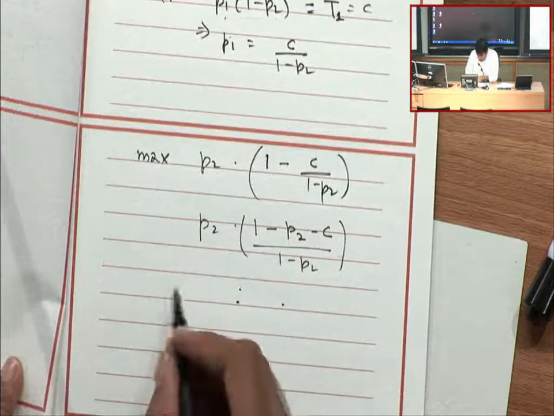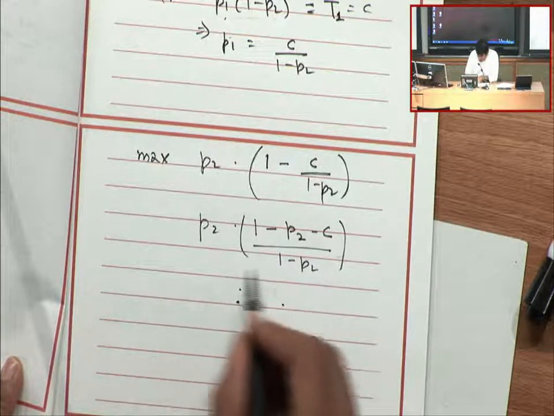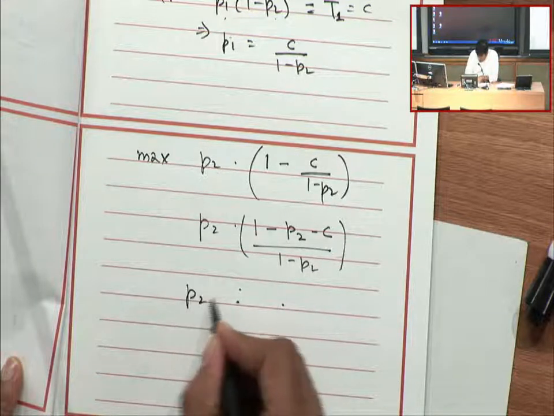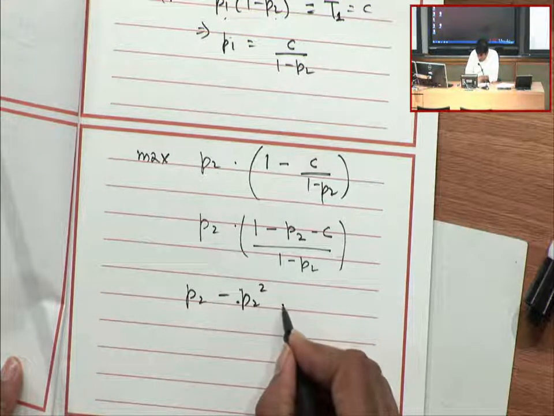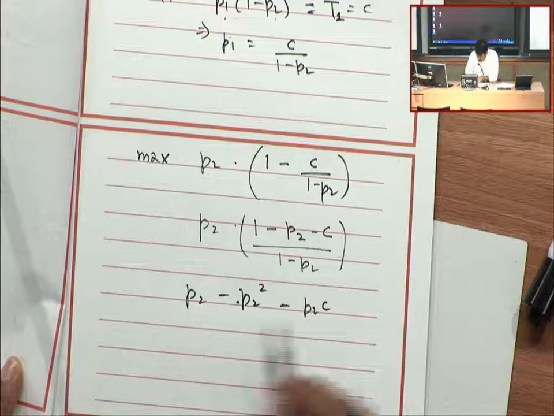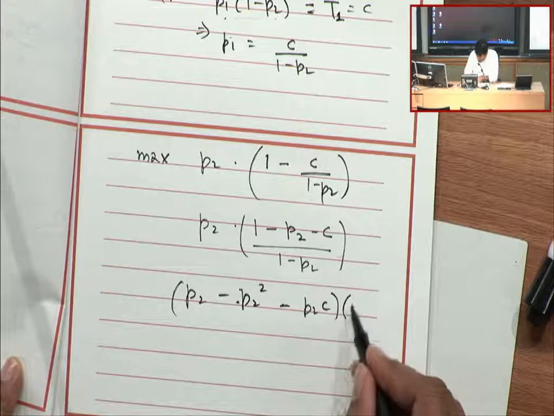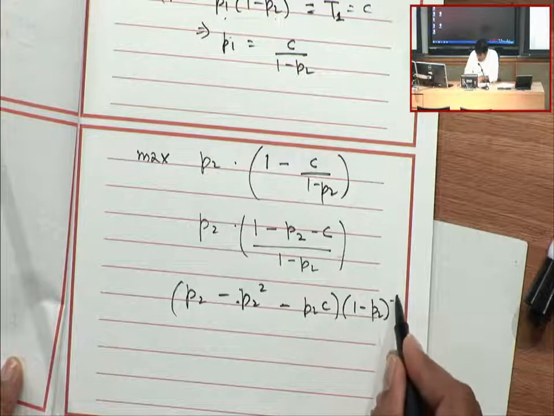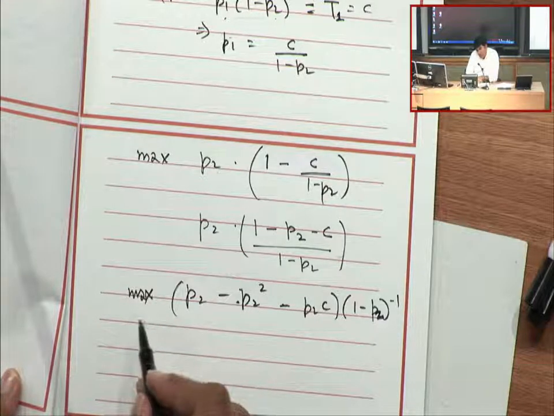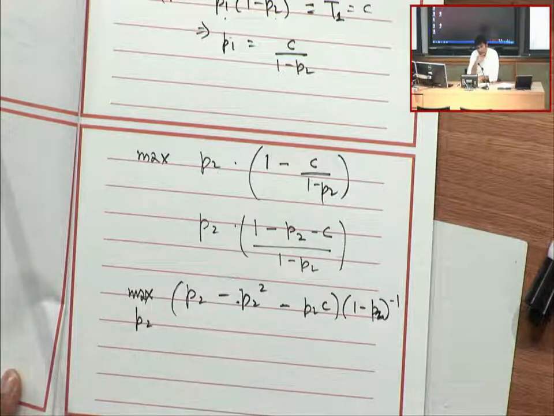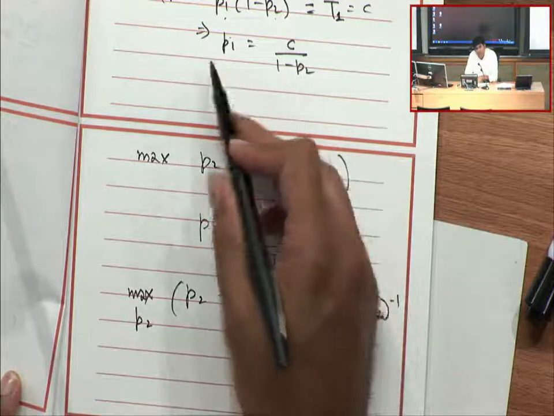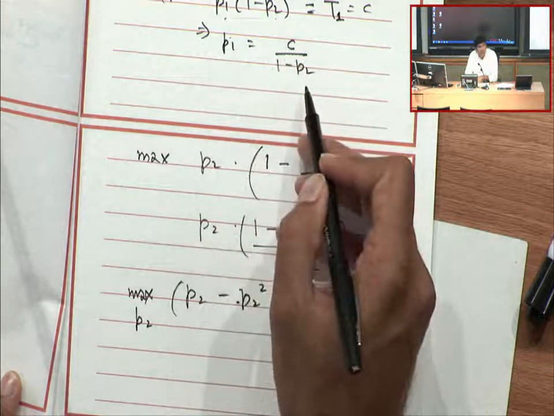I think we'll work it out. Let's just go with this. Multiplying this out, I get P2 minus P2 squared minus P2C, times 1 minus P2 inverse. So now what we are maximizing over is P2, because whatever P2 I find to be the optimum point, I can figure out P1 from this relationship.